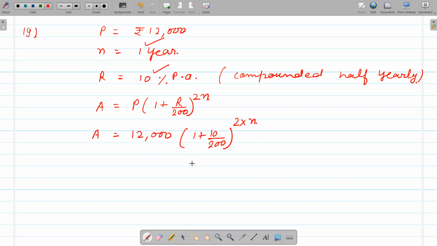So this is your formula, 2 into 1. Now how to solve this? 12,000 as it is, 0 cancels with 0, and you are left with 1 + 1/20 raised to power 2.